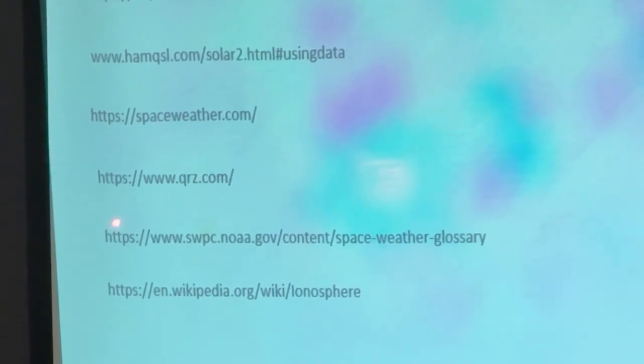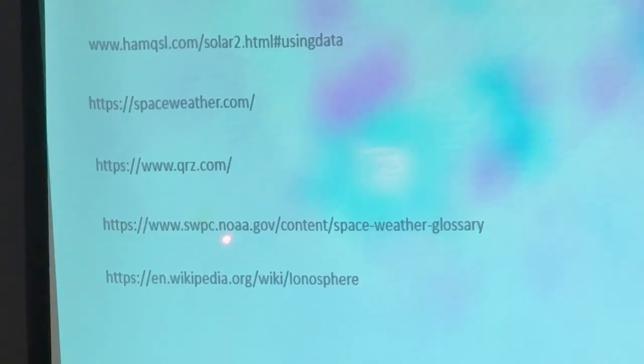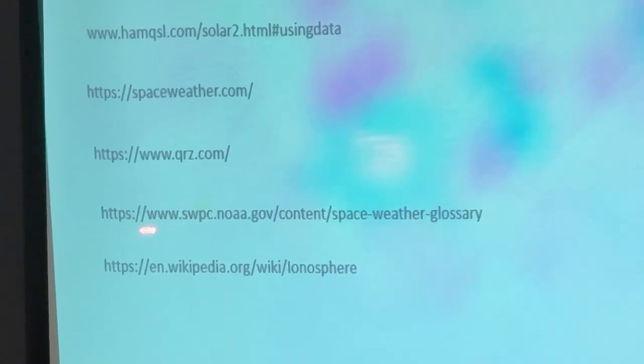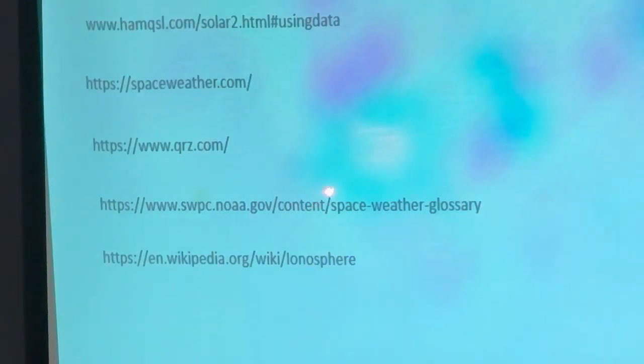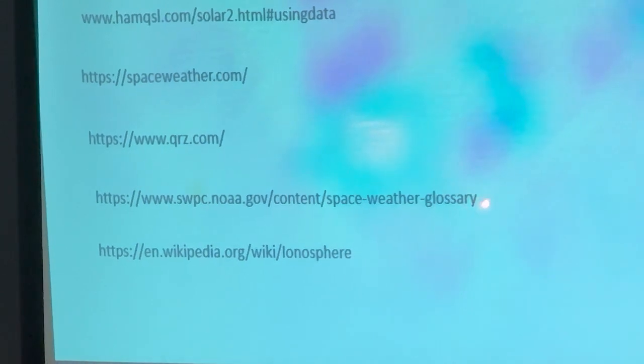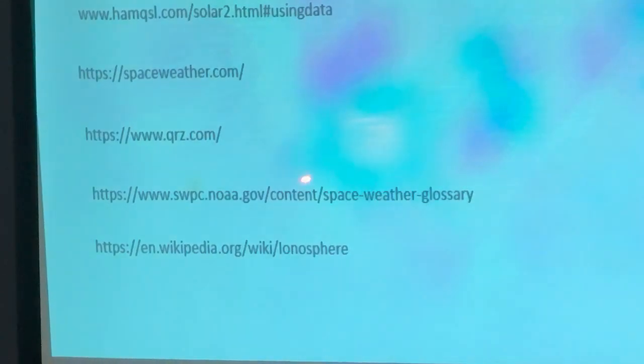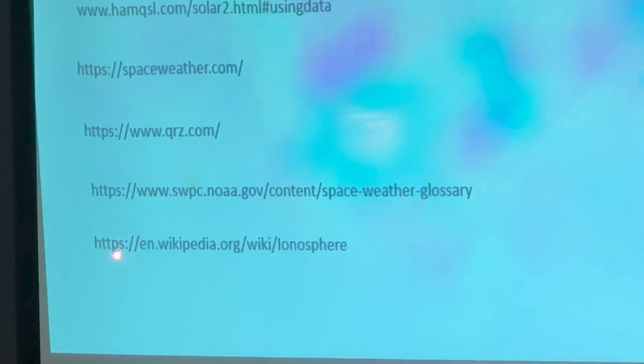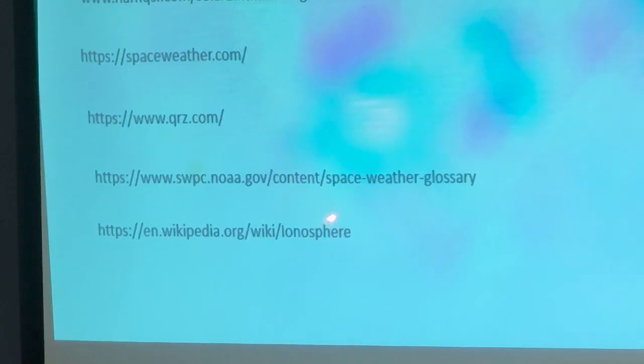QRZ is where I got the little block with all the various numbers. NOAA has an amazing amount of space weather material, and this is the dictionary which describes a lot of the terms. And Wikipedia had a real nice article on the ionosphere.